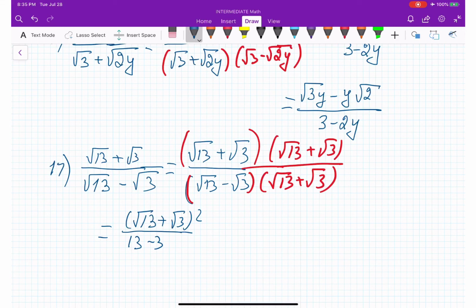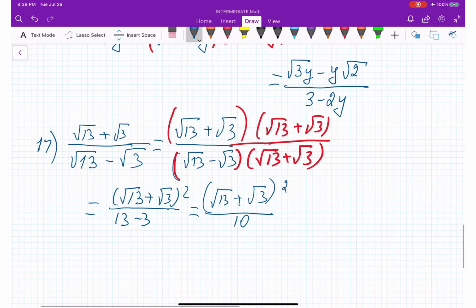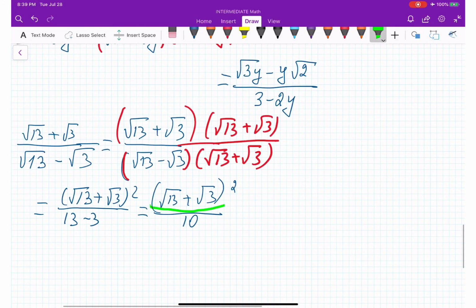Okay. So let me see if I should simplify here. Will it give me any result? Yes, let's go for it. So I am going to work now with square root of 13 plus square root of 3 squared. What is that? Perfect square.